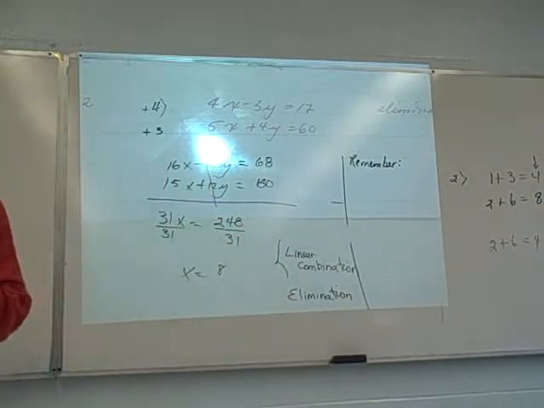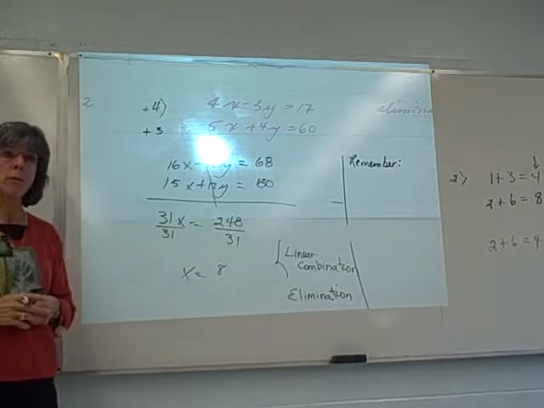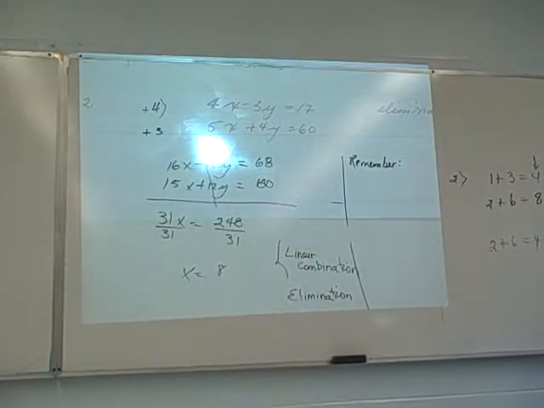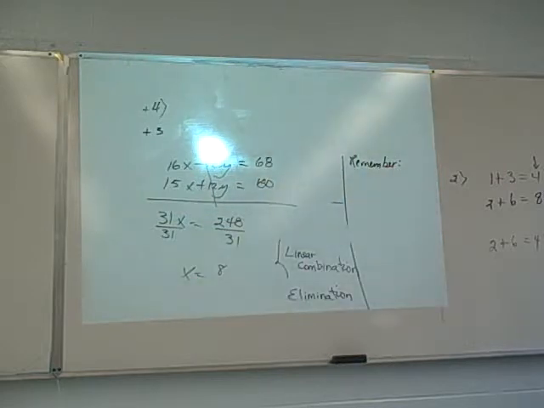Remember, when we have two variables, we have an x and a y, we're trying to get how many? 1. Because once we have one variable, we can solve for it. Okay? Is everybody good with that? Yep. All right, I'm going to give you one more of these, I believe. Oh, 2 more. Okay.